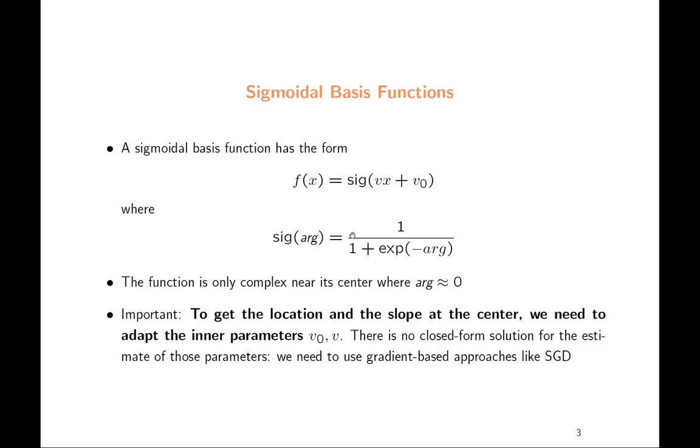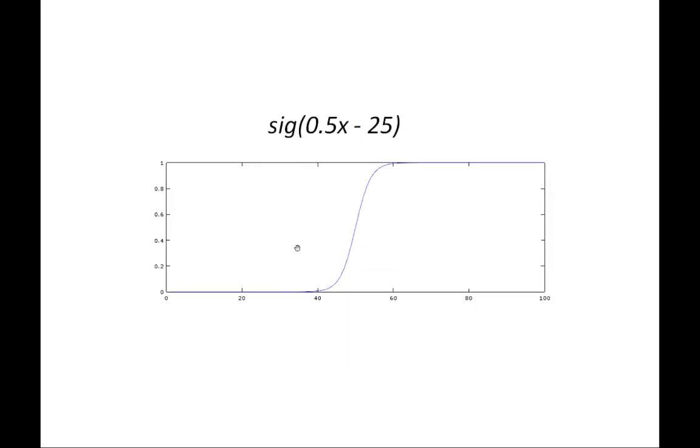We are also learning or adapting the parameters which you see over here, which is the v naught and the v, and they're sort of inside of the basis function, there before we apply this nonlinearity. And this allows you to have this flexibility by moving around this basis function. So it's not fixed, it can move around in input space, and it can also to some degree change its shape by being more or less steep.